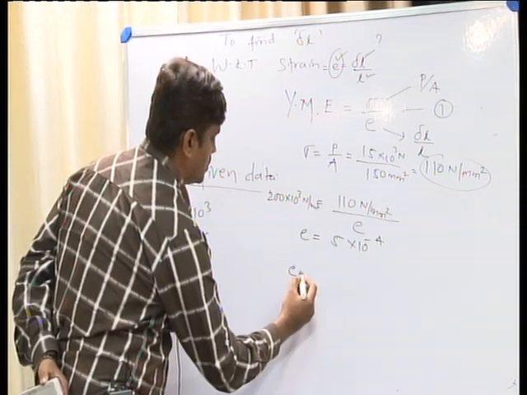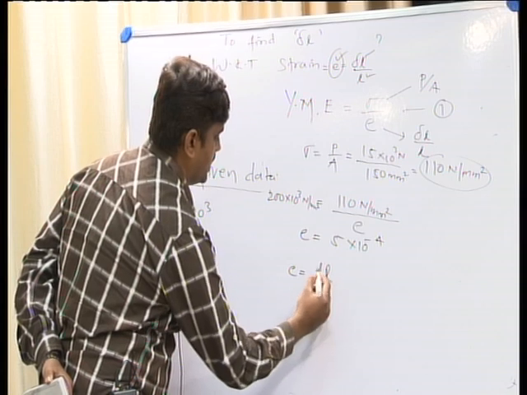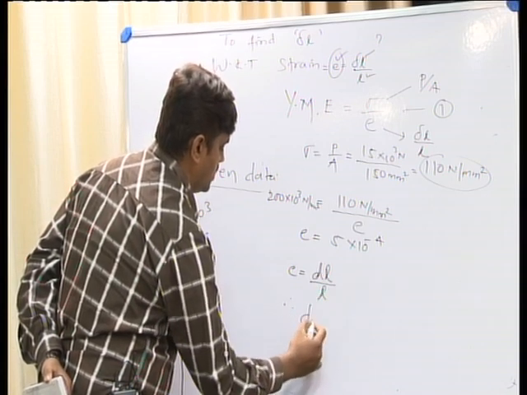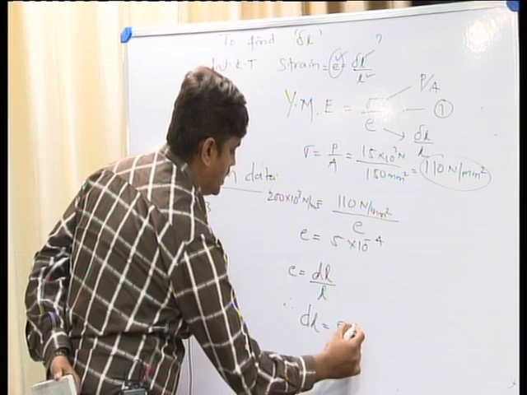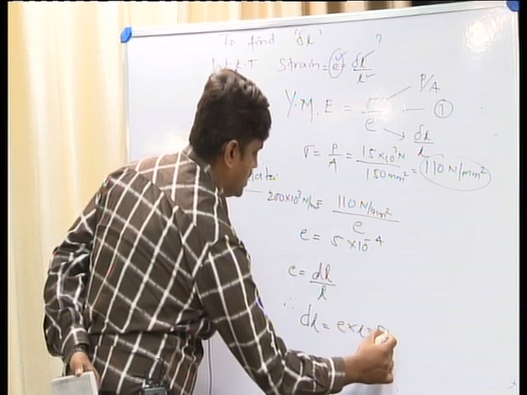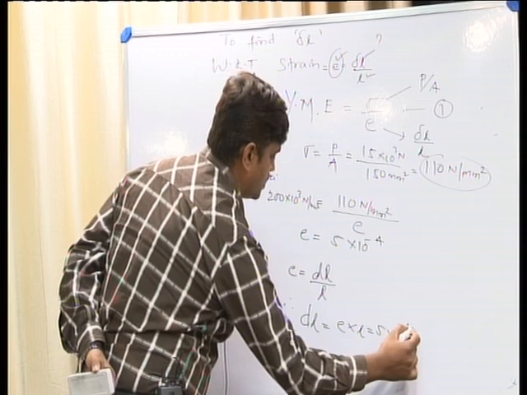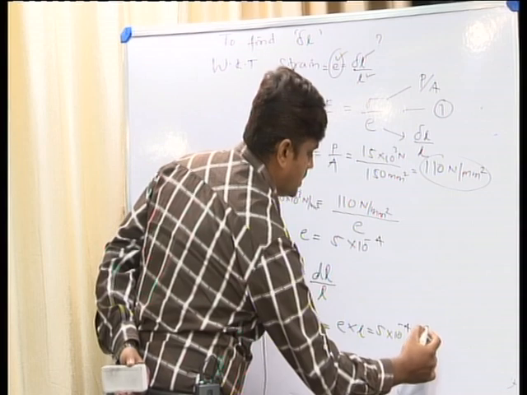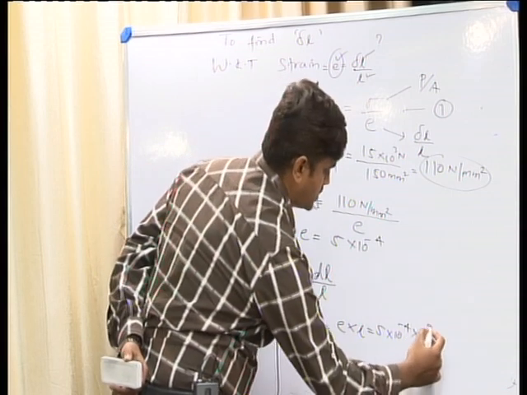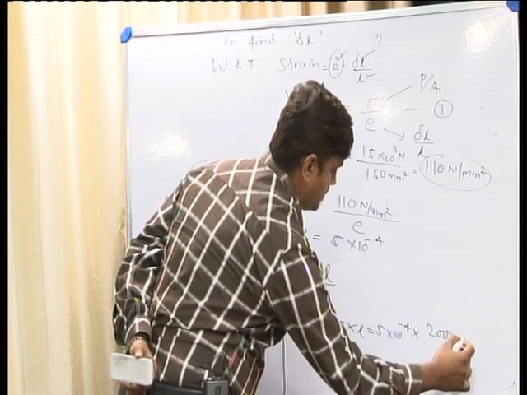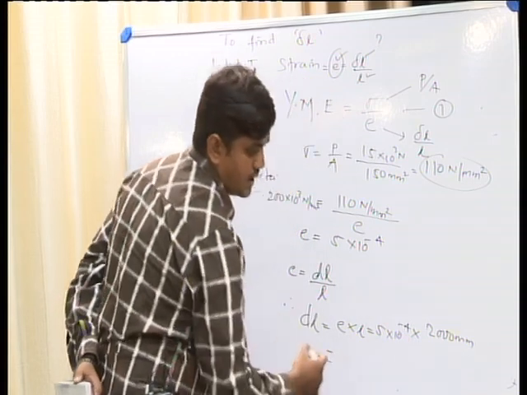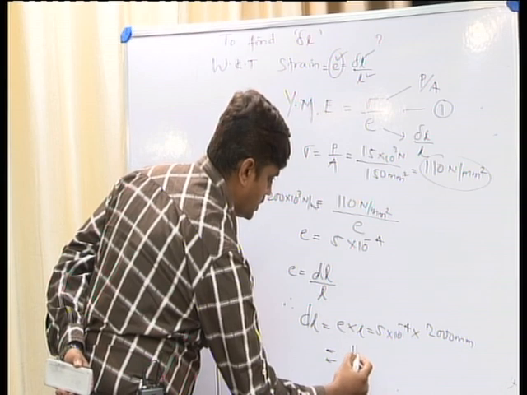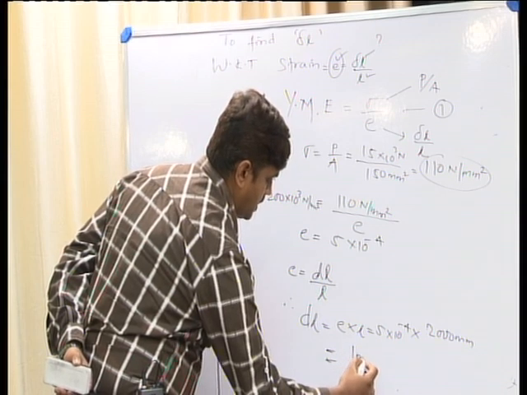Small e is equal to delta L by L, therefore delta L is equal to e into L, that is 5 into 10 raised to minus 4 into L. L is 2 meter long, that is 2000 mm, and therefore the change in length is equal to 1 mm.